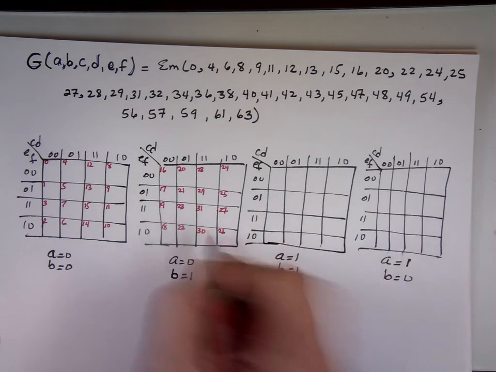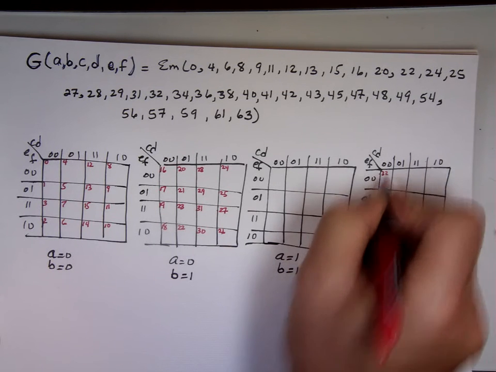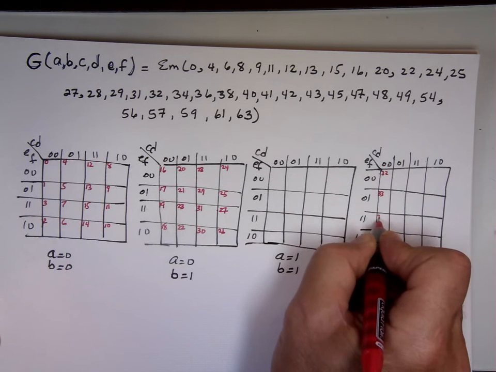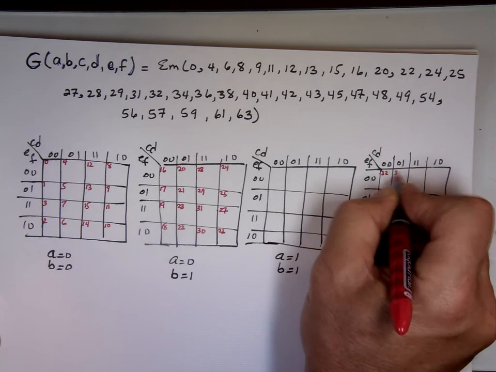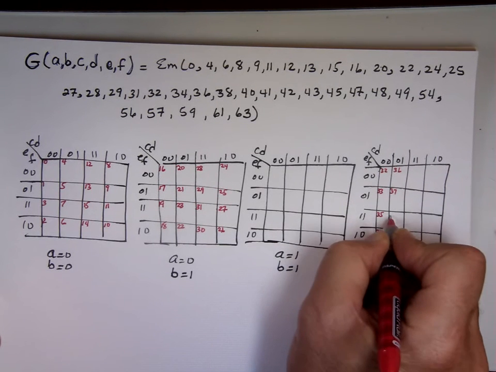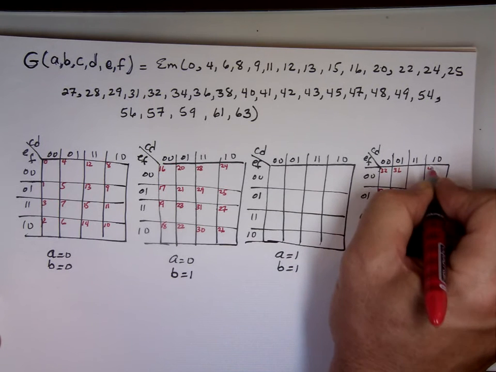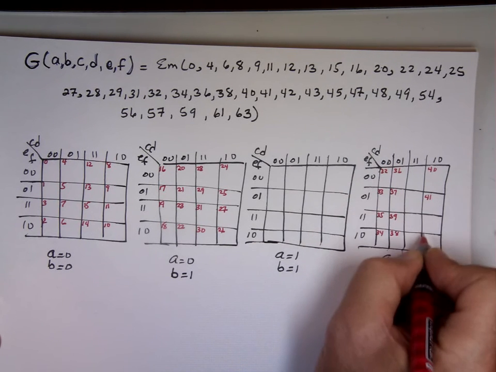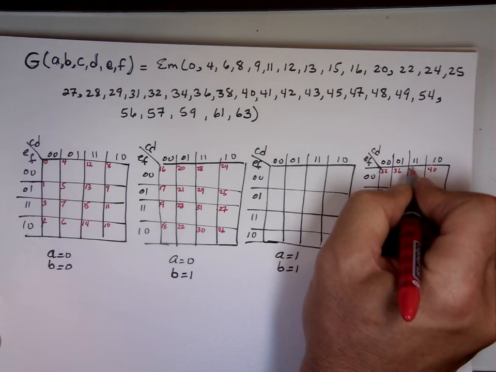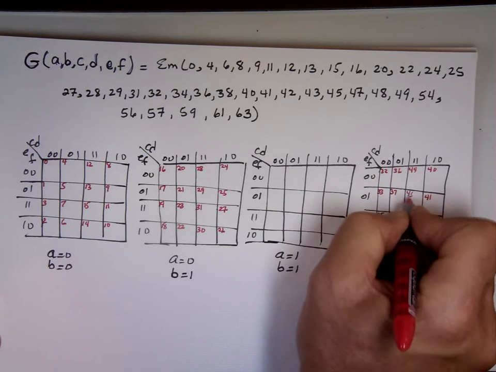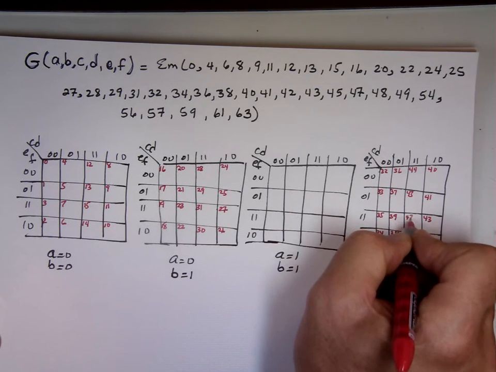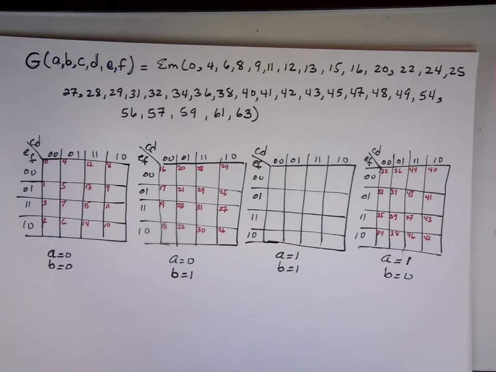32, 33, 34, 35, 36, 37, 38, 39, 40, 41, 42, 43, 44, 45, 46, 47. Next one, A is 1, B is 1.